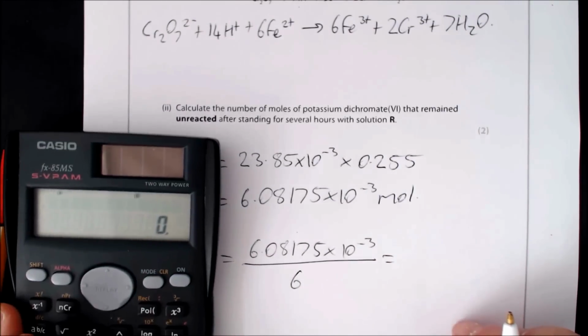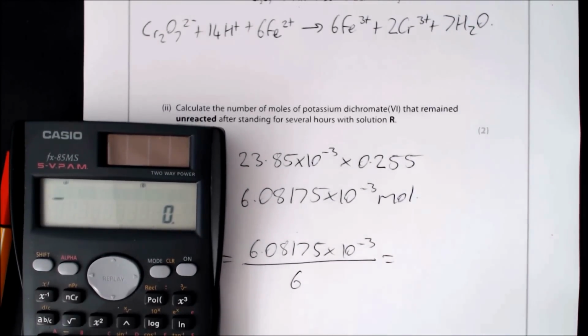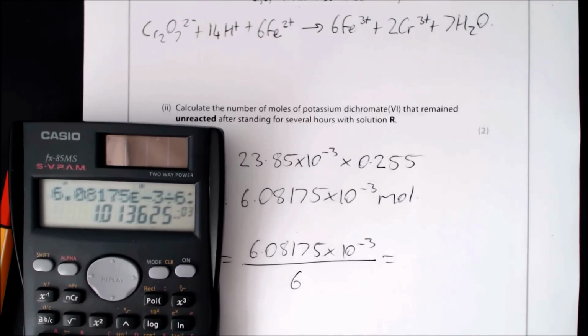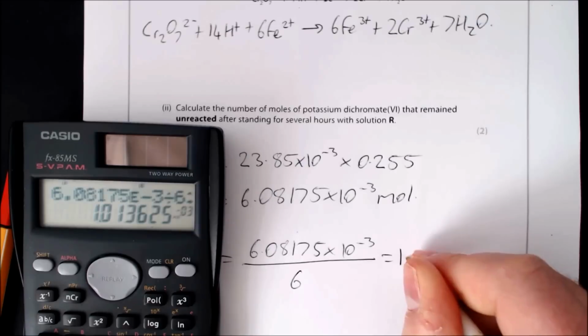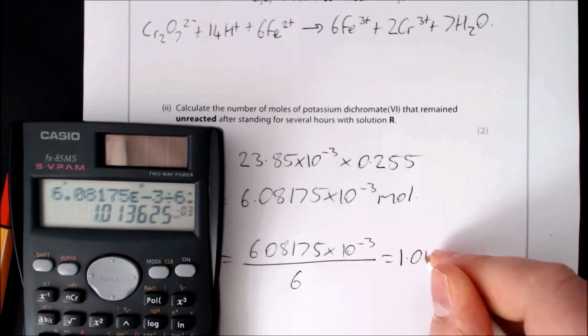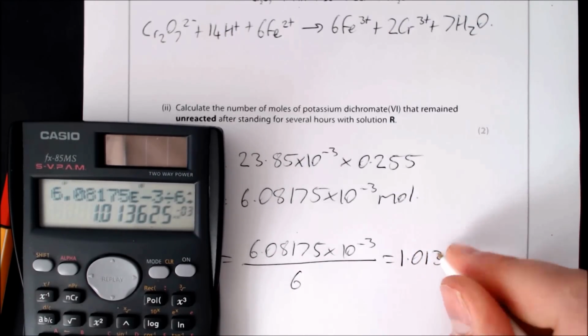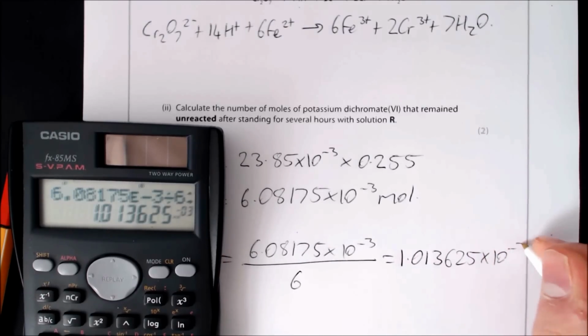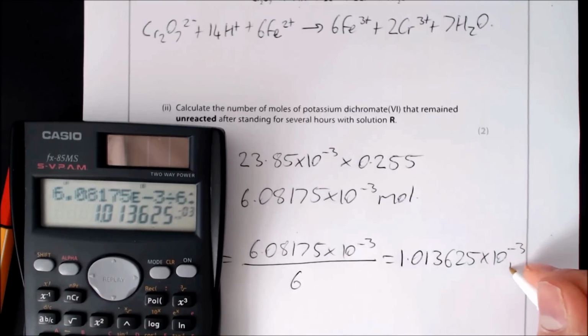So this is going to be 6.08175 times 10 to the minus 3, divided by 6. And there's our answer: 1.013625 times 10 to the minus 3 moles.